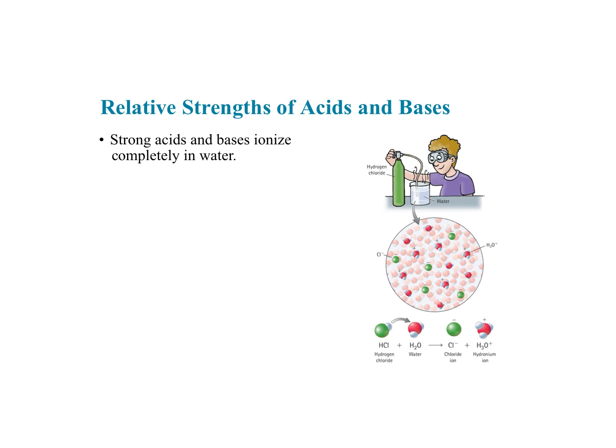So as an example, we can take hydrogen chloride, which we can see in the little picture here. So this is a tank of hydrogen chloride. And by the way, under normal conditions, hydrogen chloride is a gas. So if you take a gas tank that's filled with hydrogen chloride and you have this tube that lets the gas bubble into the water and dissolve, what you find out is that hydrogen chloride just completely breaks apart and forms ions.